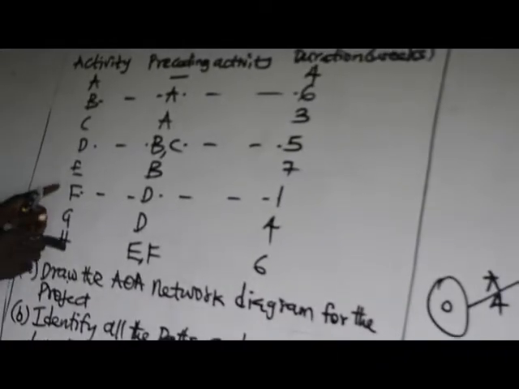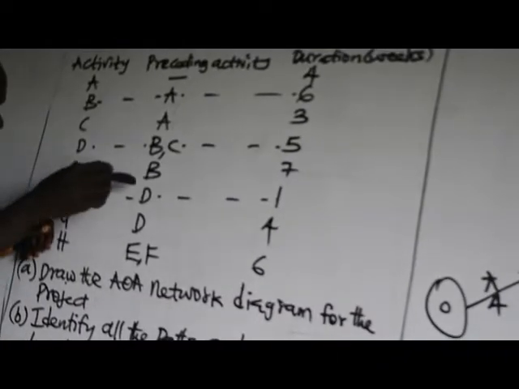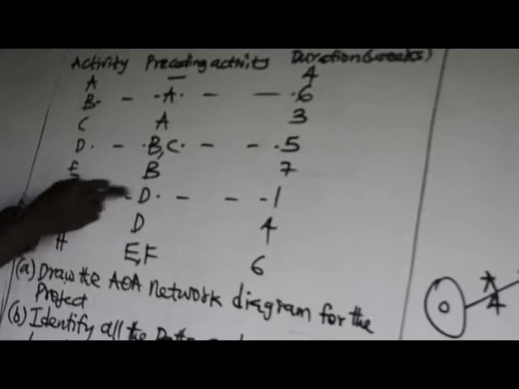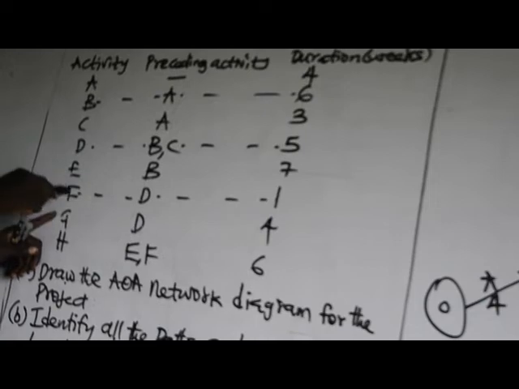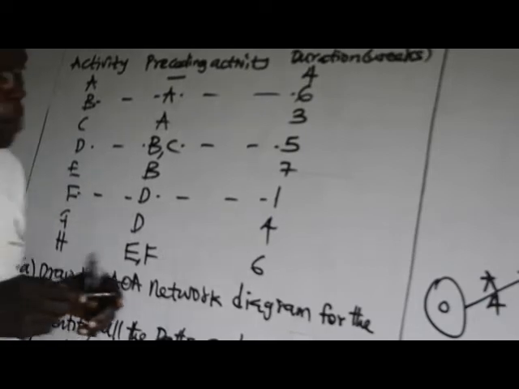Then from activity D, you have both F and G coming out. That means F and G are offshoots of D. Now where is D?